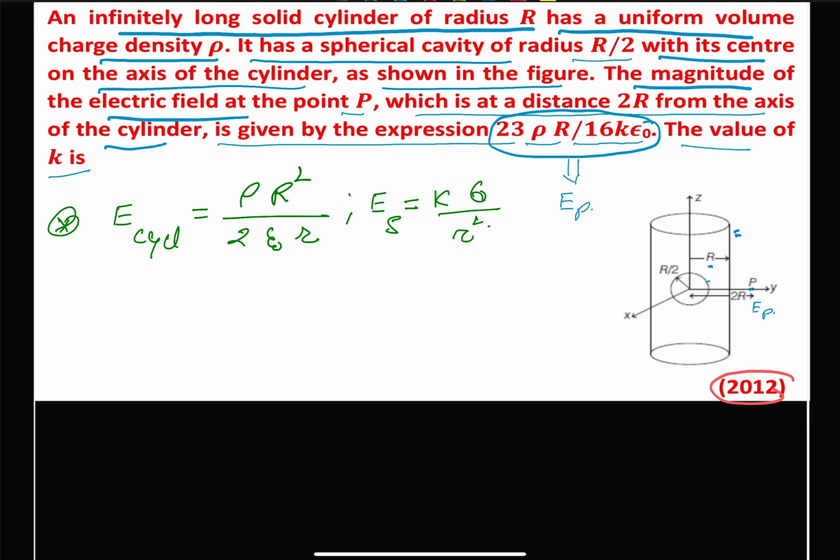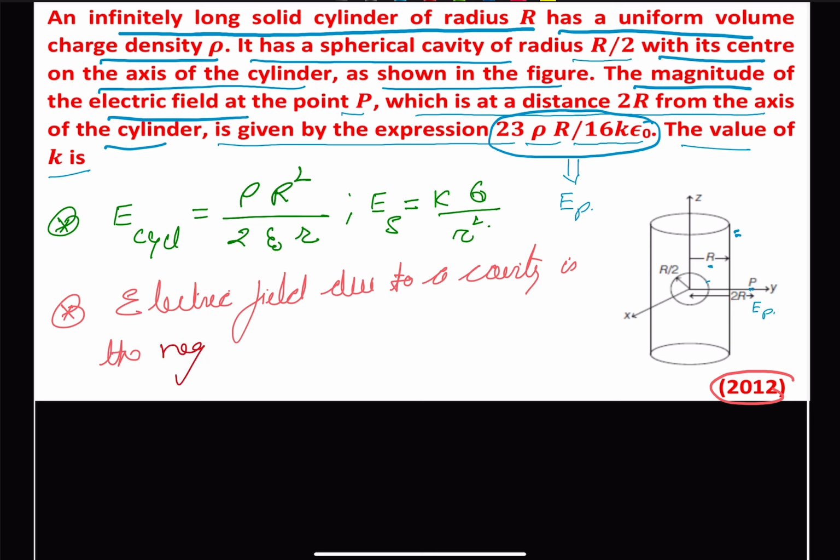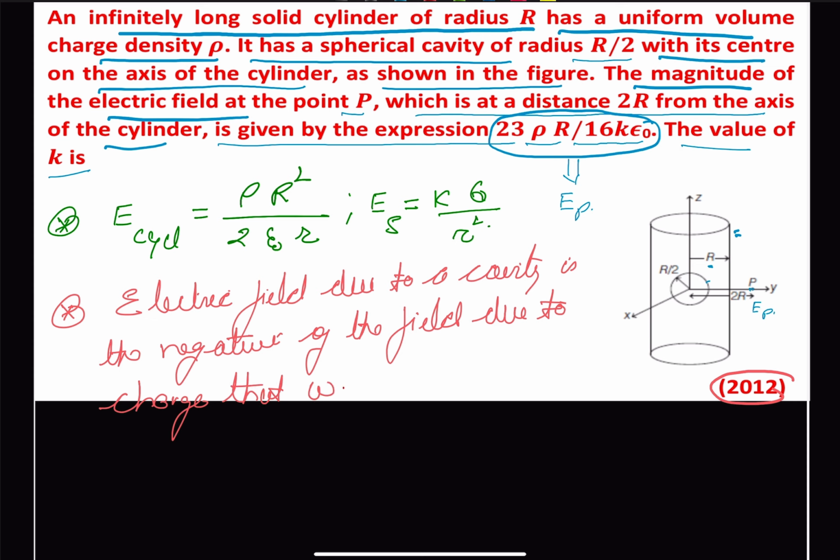This is the general formula, and the important part is that the electric field due to a cavity is the negative of the field due to the charge that would fill the cavity.